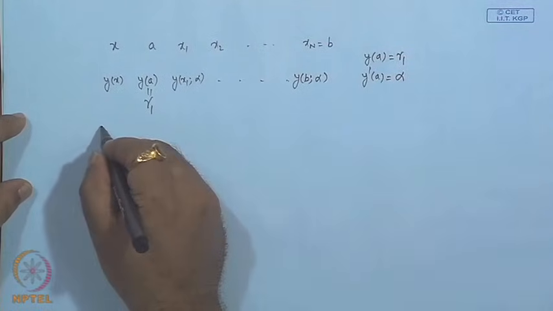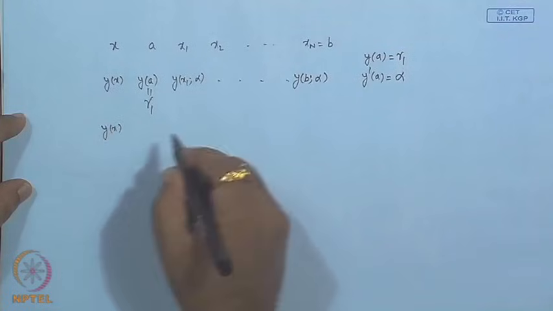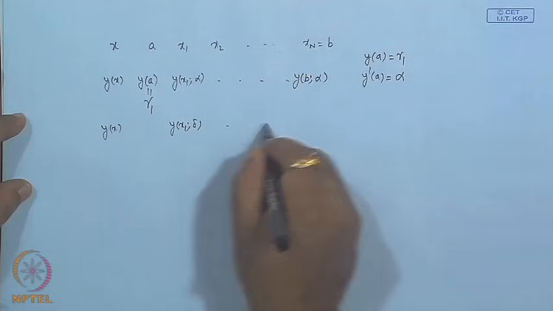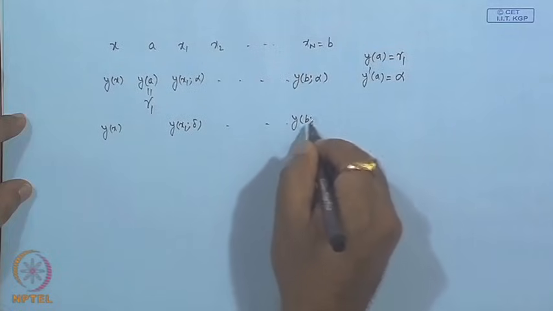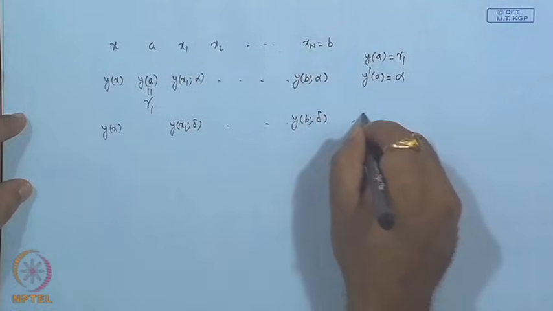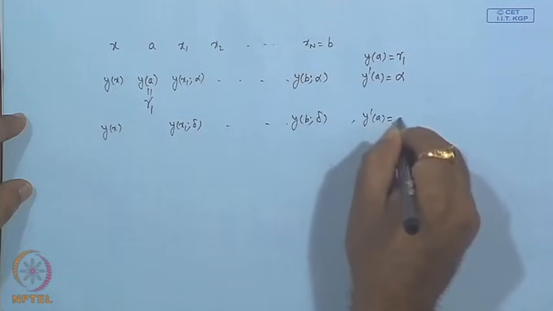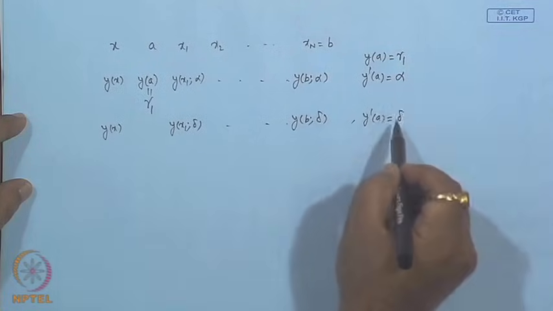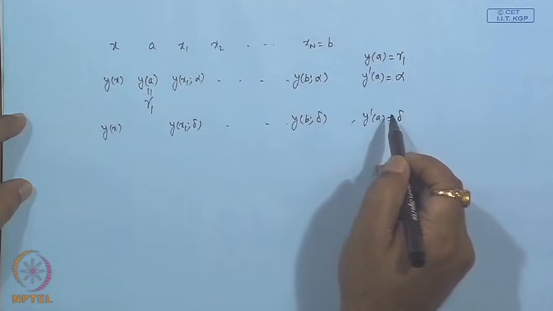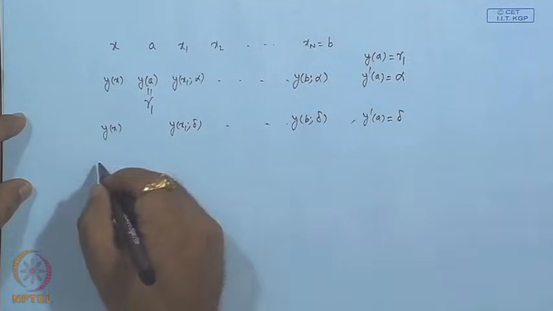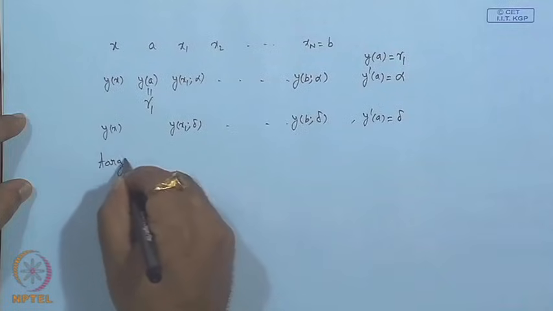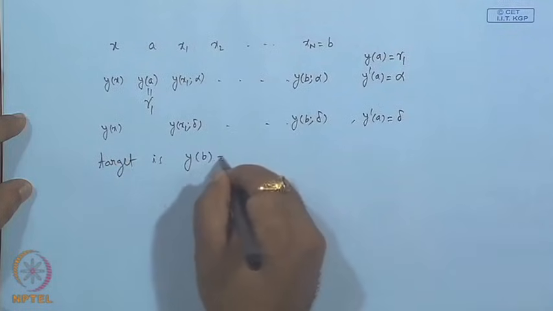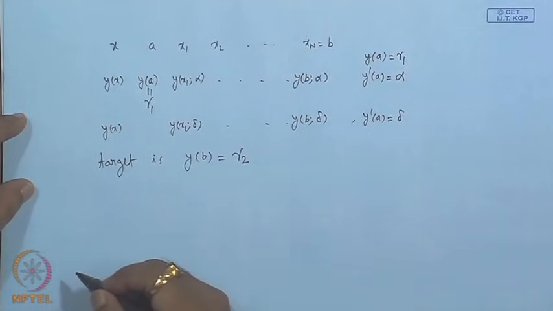Suppose we change the slope to delta. Now whatever slope one chooses, what is our target? The target is y of b equals gamma 2.